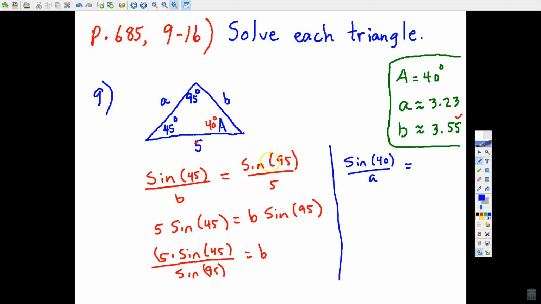So I'm going to go with that same sine 95 divided by 5. All right, so it's very similar to what we did before. We're actually going to multiply by 5 sine 40. But this time, instead of sine 45, we'll be doing sine 95.